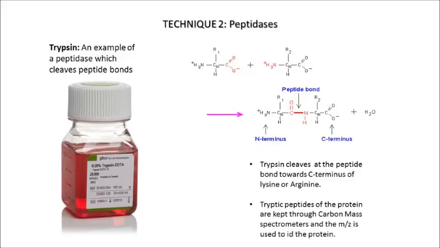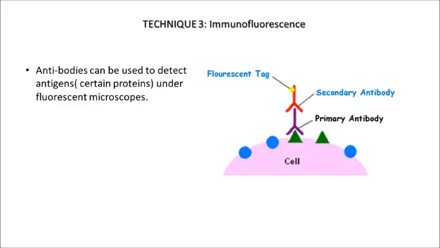Z shows the charge, and this is matched up with protein databases and can be used to identify what type of protein it is, or get a rough estimate of what it is. Okay, that's what I want to say about peptidases.